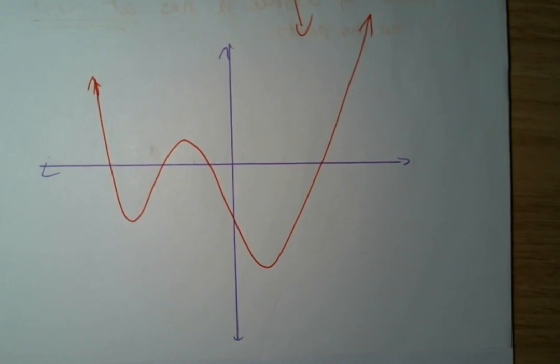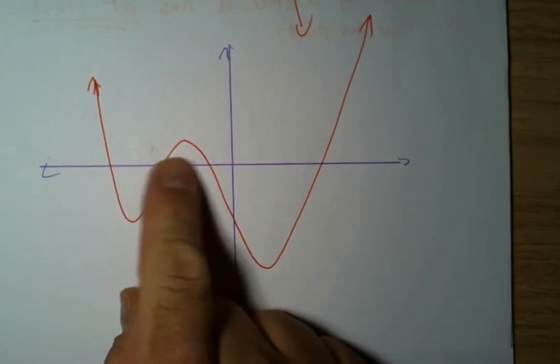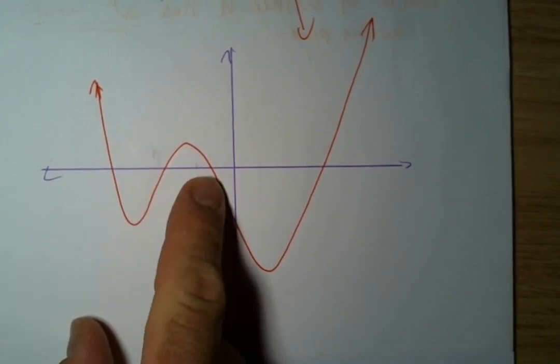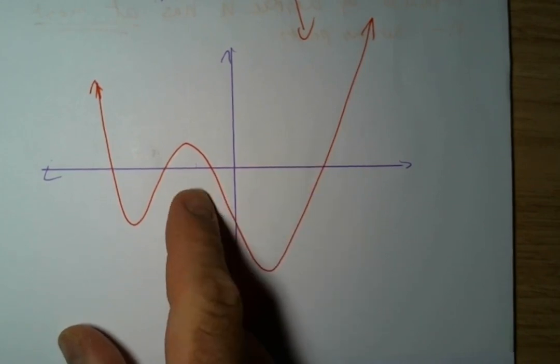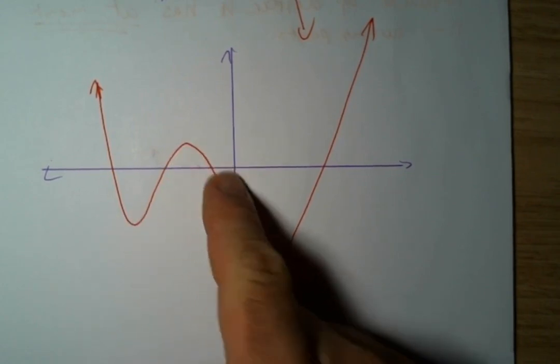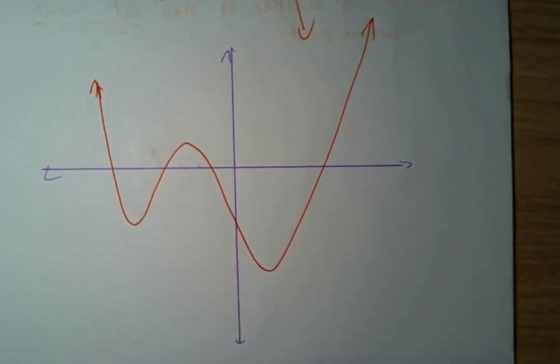And it's 1, 2, 3, 4, so possibly of degree 4. Based on the way these look, this pretty much is a degree 4, and we have 1, 2, 3 turning points, so that matches up.